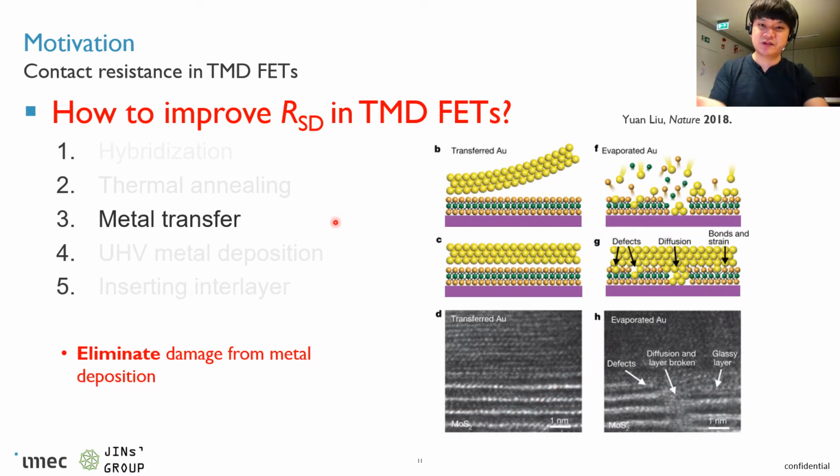Besides, there is some interesting report. The first one: when the contact metal atoms are deposited on the TMD surface, their high bombardment energy may damage the 2D channels, the sheets. This results in a bad quality interface between the metal and the 2D materials.